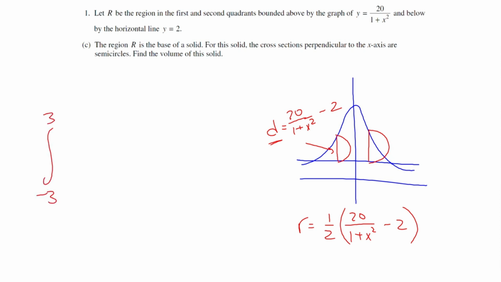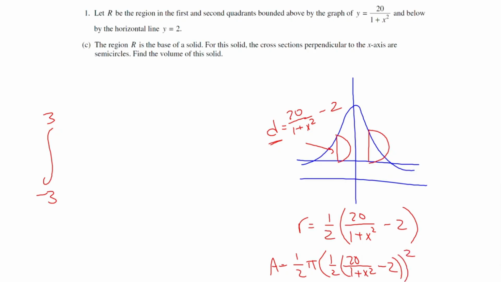And the area of a semicircle is 1/2 pi times the radius squared, right? So my area, and I'll write this down here, it's 1/2 pi times 1/2 of 20 over 1 plus x squared minus 2, squared.